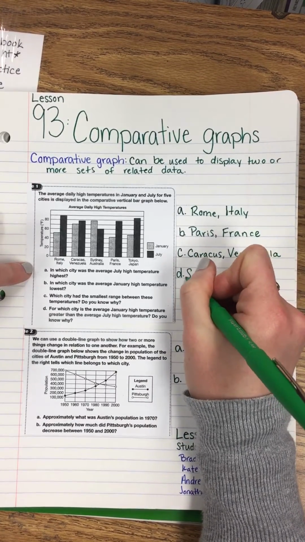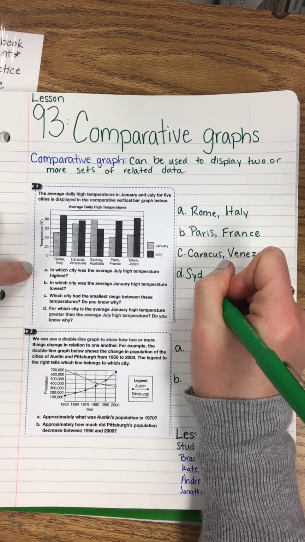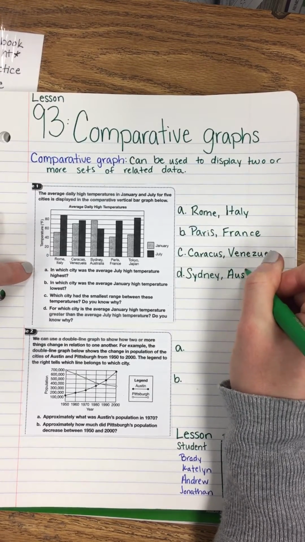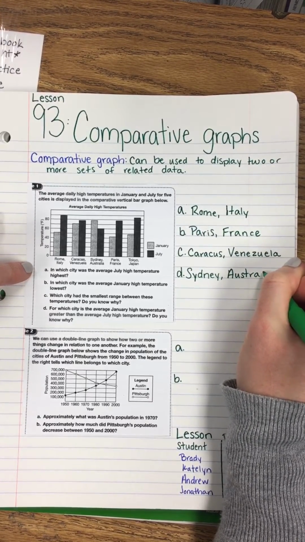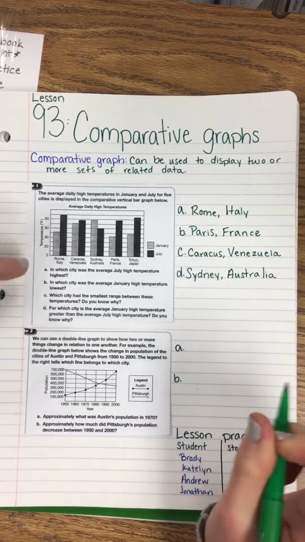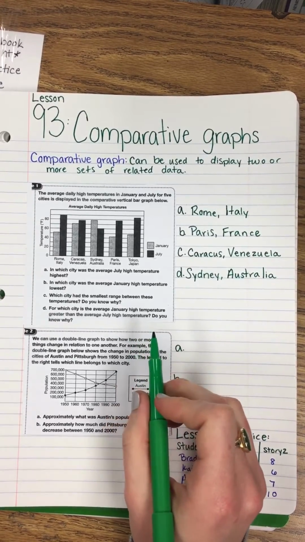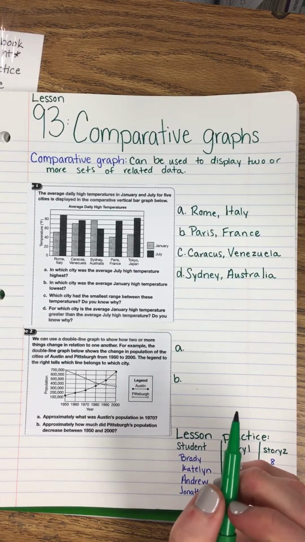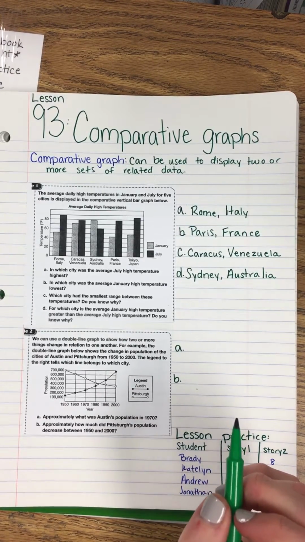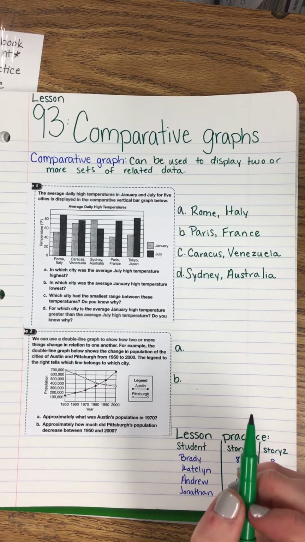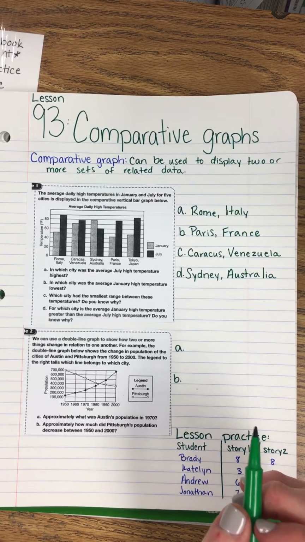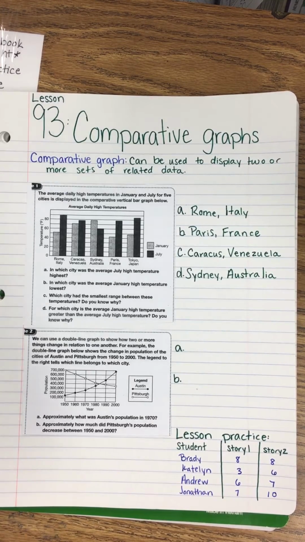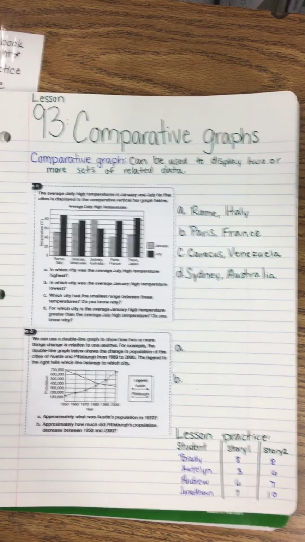Sydney, Australia, S-Y-D-N-E-Y, Australia, A-U-S-T-R-A-L-I-A. Do you know why? I can tell you Australia is warmer in January than July because south of the equator, January is summer and July is winter. That makes sense because of the tilt of the earth.